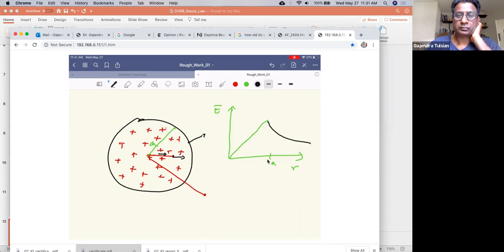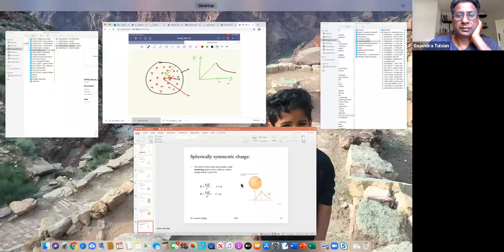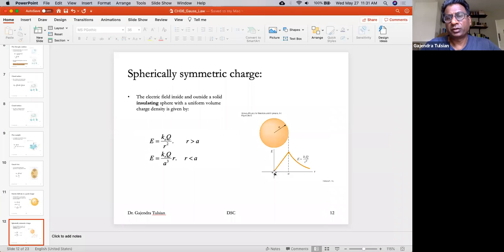Once you're outside the sphere, this is essentially acting like a point charge. So the graph would be the same whether it was this sphere sitting at the origin or a point charge sitting at the origin. That's what this formula is telling you.